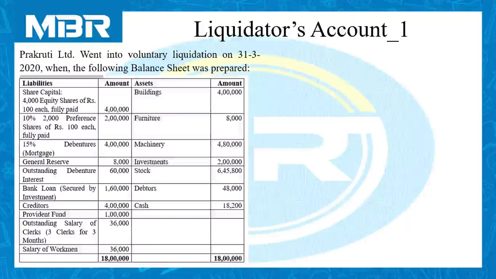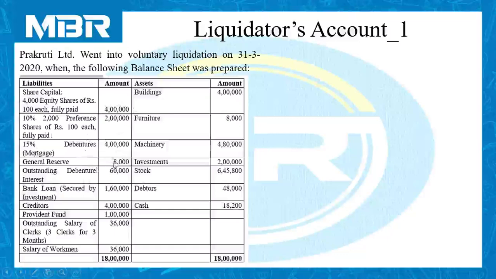On a liabilities side, share capital 4,000 equity shares of rupees 100 each, fully paid, 4 lakhs rupees. 10% 2,000 preference shares of rupees 100 each, fully paid, 2 lakhs. 15% debentures mortgage 4 lakhs.